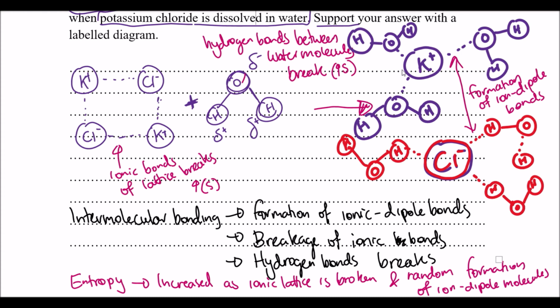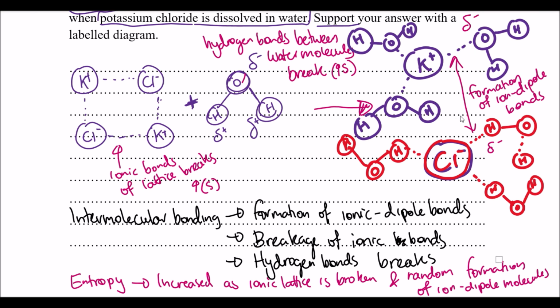As the molecules form together, we're going to form ion dipole bonds between the partial negative oxygen and the positive potassium, and the partial positive hydrogen will bond with the negative chloride ion.